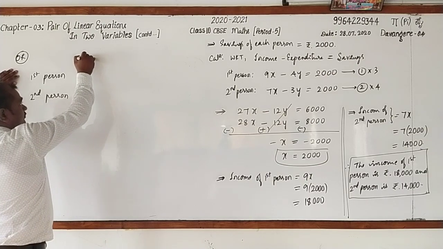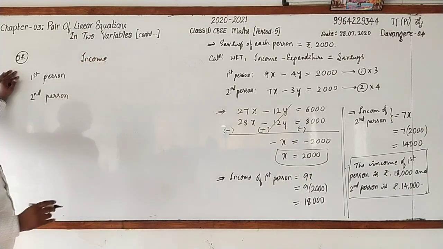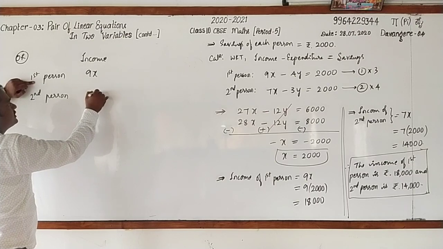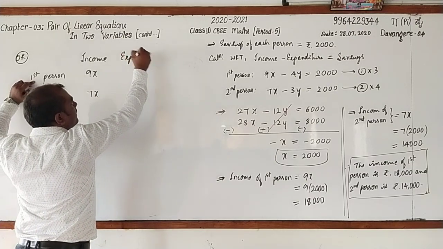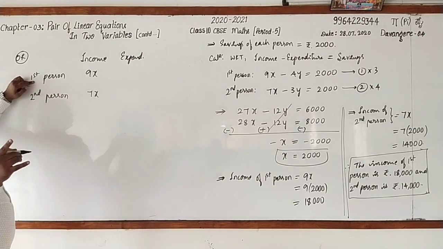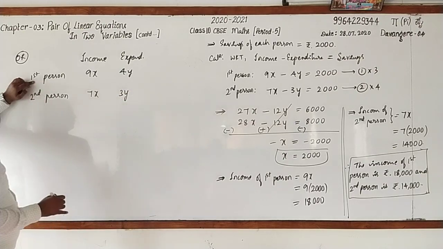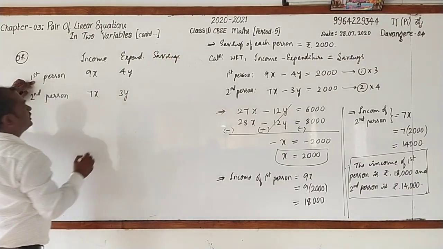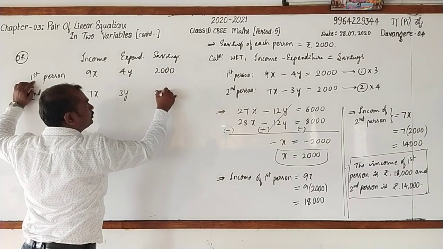Then they have given the ratio of income. What is the ratio of income? It is 9:7, right? Then you can write this as 9x and 7x. Expenditure is given as 4:3, so this is 4y and this is 3y. After that, savings are given. What is the savings of the first person? 2000. Second person? 2000.